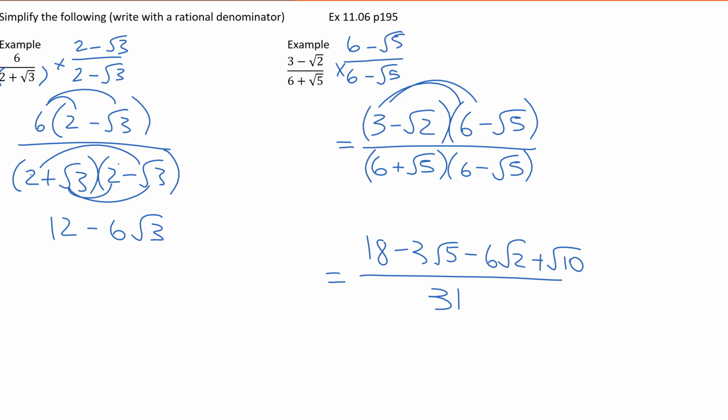Can you simplify square root of 10? You could to square root of 5 and square root of 2, can't you? But then, which one do you combine it with? And here, it doesn't make sense, okay? Because you're going to have 6 root 2 lots of root 5, which doesn't make sense, okay? So, just leave it as like that. Any questions? Okay.